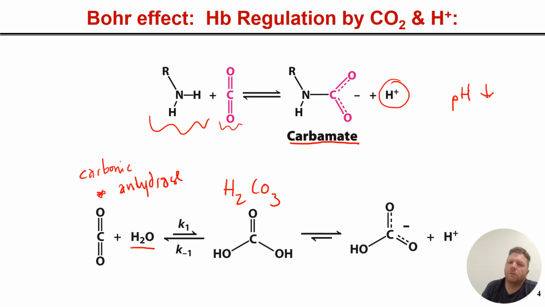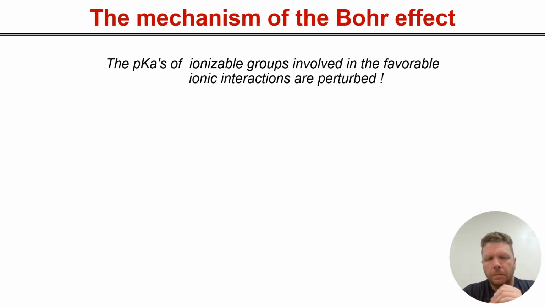That H2CO3 will release a proton, which is going to cause the pH of the environment to go down as well. Ultimately, that reaction is going to lead to the formation of these carbamates. So CO2 and singular protons cause the affinity of hemoglobin for O2 to go down.